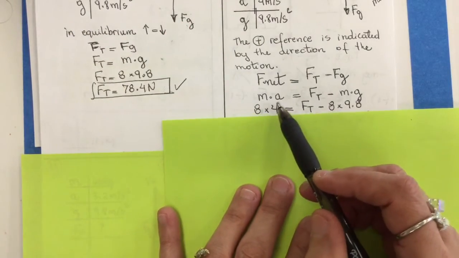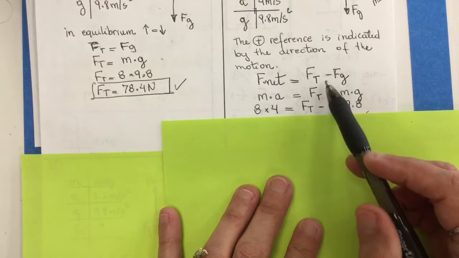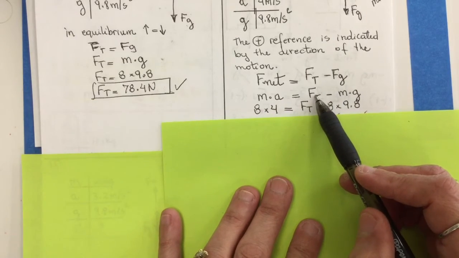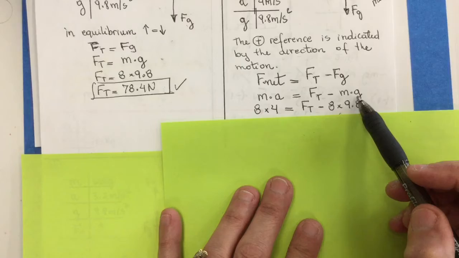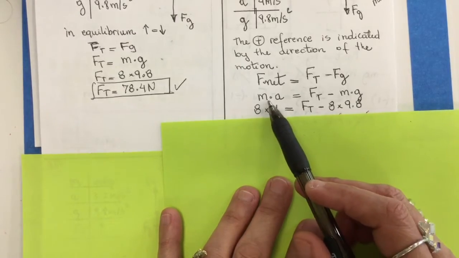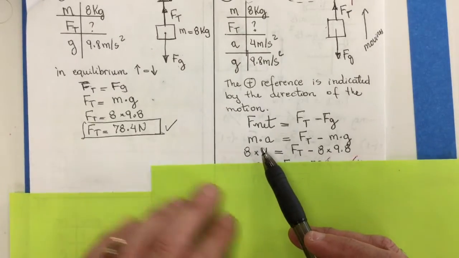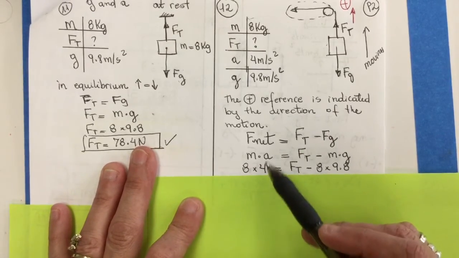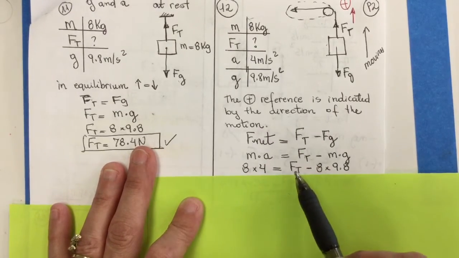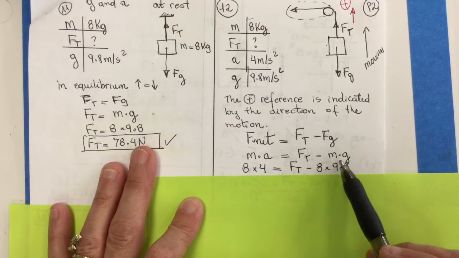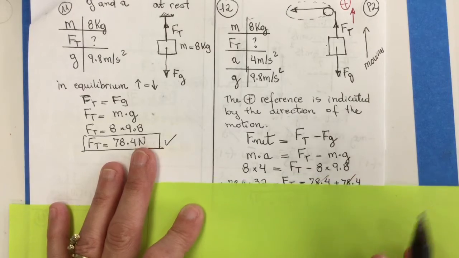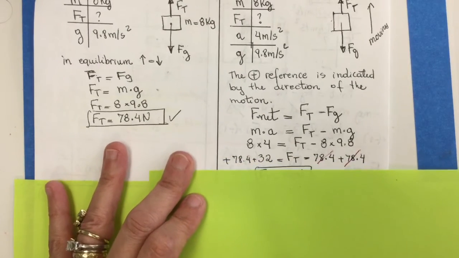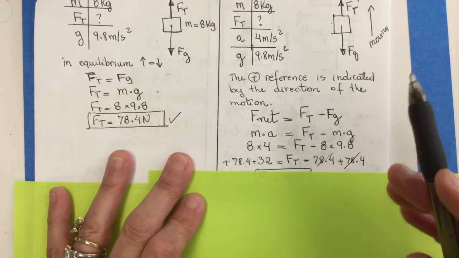F net is ma, Newton's law, Ft is what I'm looking for, and Fg is mg. So the mass in this problem is 8 kilos, and the acceleration is 4 meters per second squared. Ft minus 8, the mass again, times the acceleration of gravity. This is the weight.